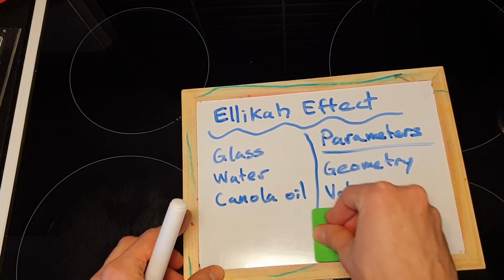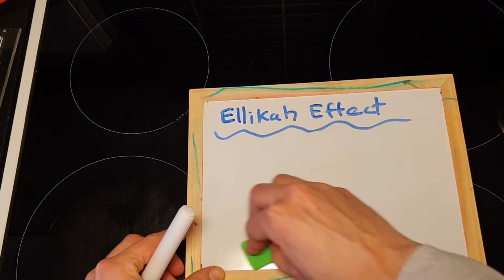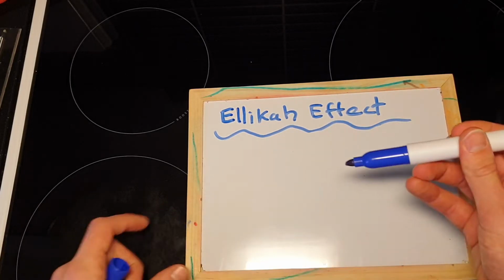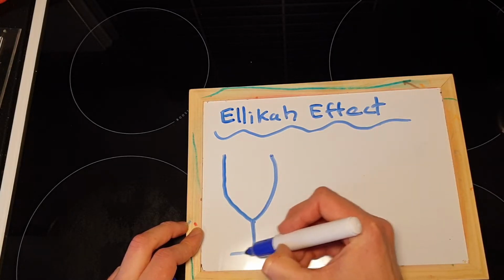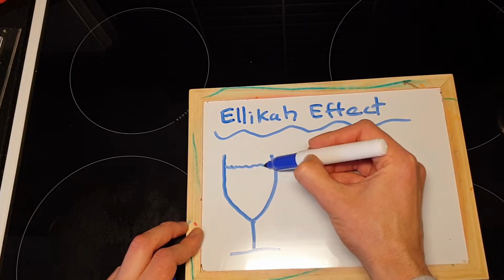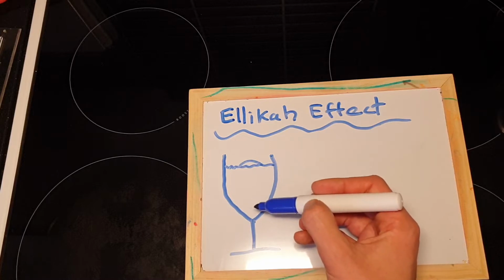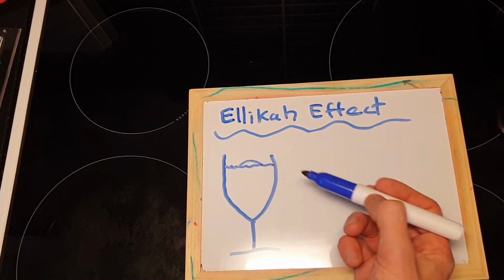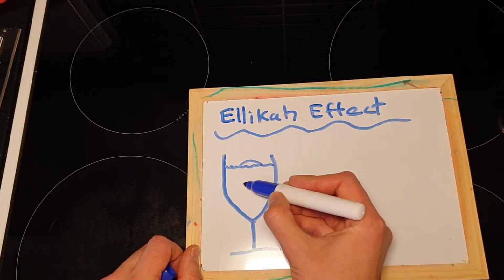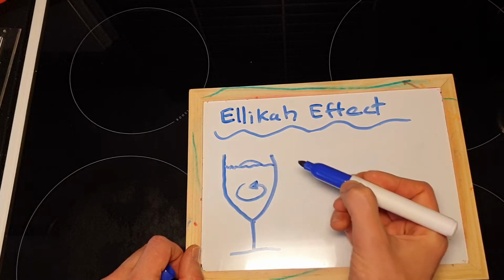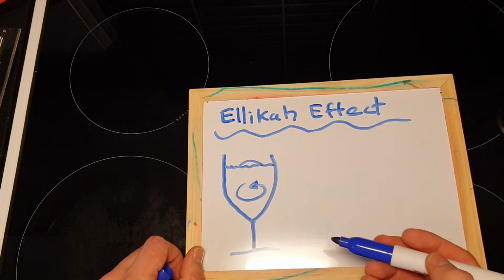Actually, before that, I might just go ahead and do a little brief sketch of what's going to happen here. We have my glass, and it's filled with water with a little bit of oil on top. Preferably I would have had some kind of magnetic stirrer to keep the flow of the bulk liquid going. But for now I'm just going to mix it in with a spoon. So we're going to have some kind of rotational flow going on in the bulk liquid.